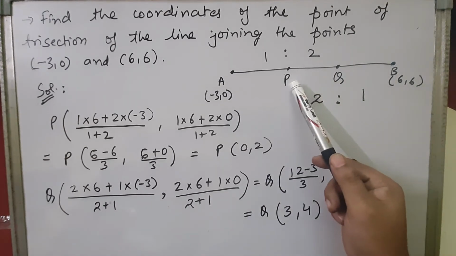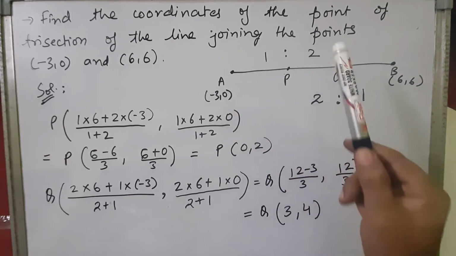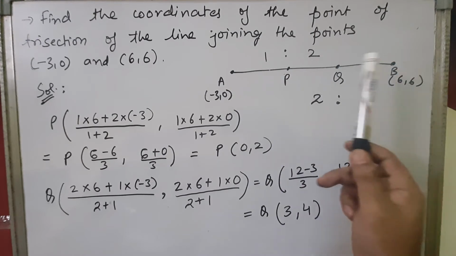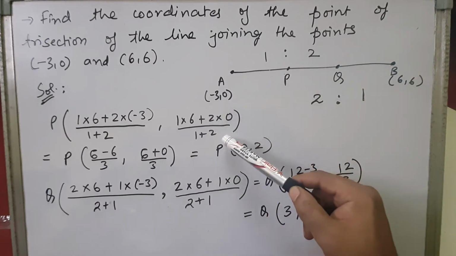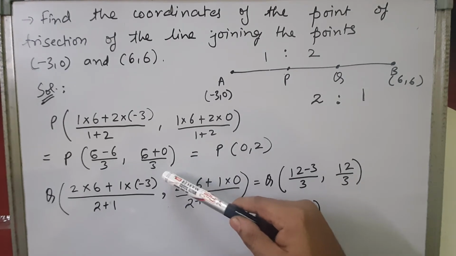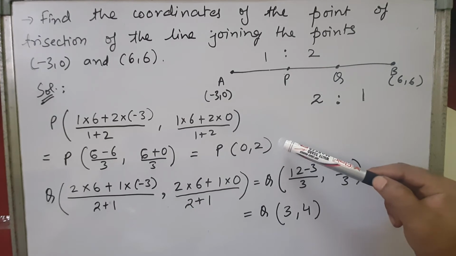Then the ordinate y will be M1 y2 plus M2 y1 upon M1 plus M2. This is the formula. So it will be 1 into 6 plus 2 into 0 upon 1 plus 2. So it will be 6 plus 0 upon 3, it will be 2. So the coordinates of point P will be (0, 2).